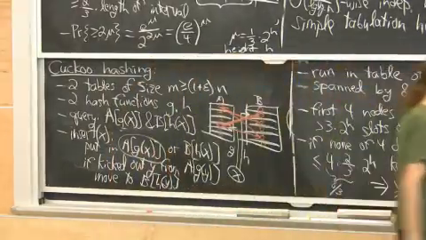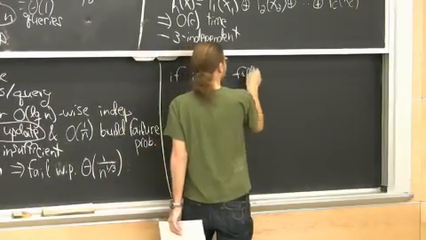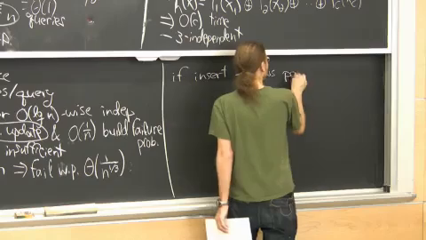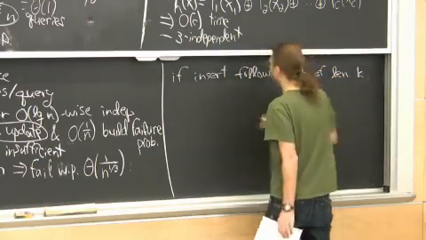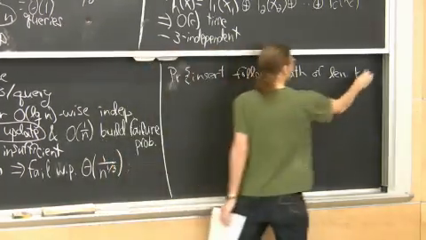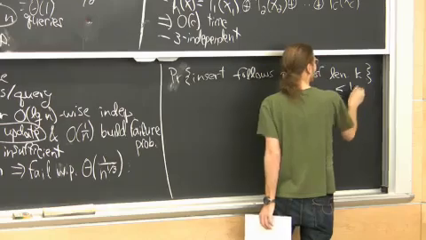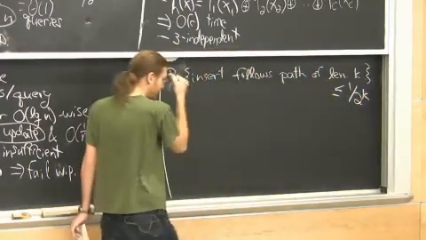I claim that if an insert follows a path of length k, the probability of this happening is actually at most 1 over 2 to the k. It's very small, exponentially small in k.